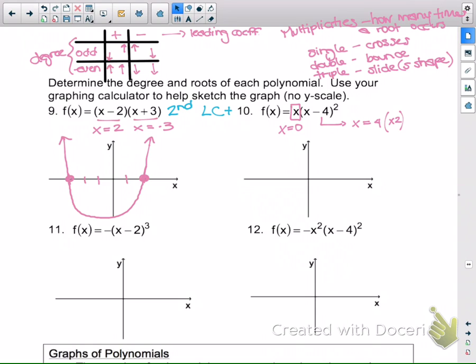So if I have one root at 0 and a double root at 4, what does that make my degree total? 3. So this is a third degree. And what is our leading coefficient? Is there a number out there? 1 in front of the x, which means our leading coefficient is positive, right?